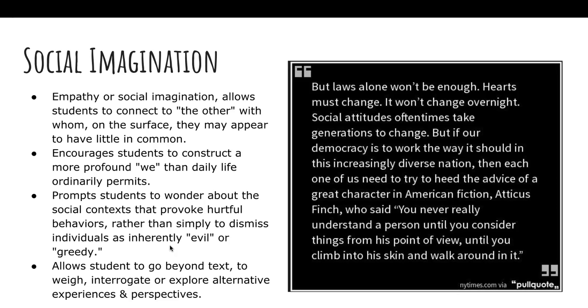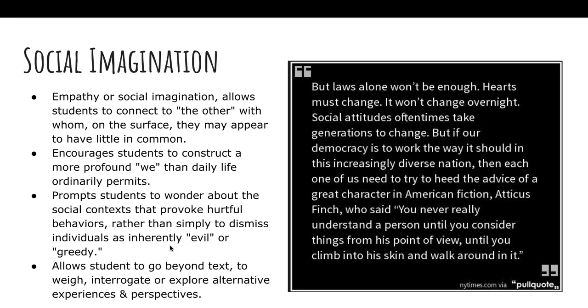And so a quote that I like over here on the right is this idea that actually President Obama made in his farewell speech because he connects it to a piece of literature that many of us might be familiar with. But I think it's really helpful to think about what we're doing, not only teaching kids to read and write and do math and think about history and science, but what it is we're cultivating. And he said, "But laws alone won't be enough. Hearts must change.